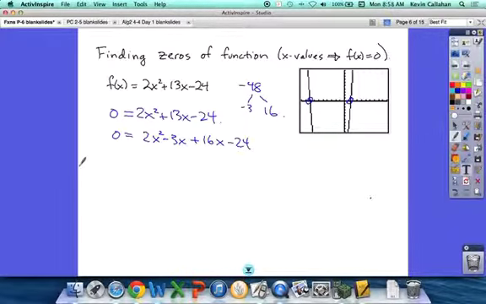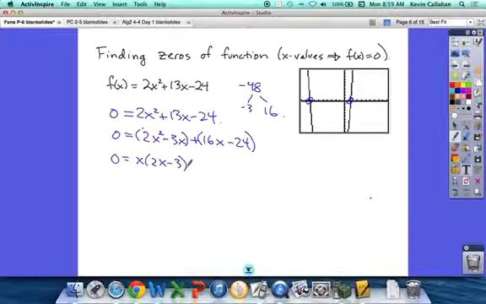All right, then we would group the first two terms, group the last two terms, factor each set of parentheses. What's the greatest common factor between 2x squared and minus 3x? X, just one x. So we would say x times 2x minus 3.